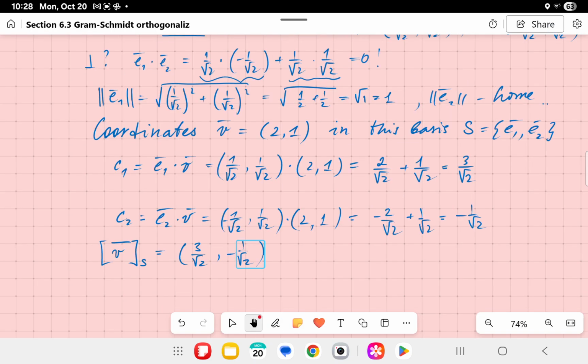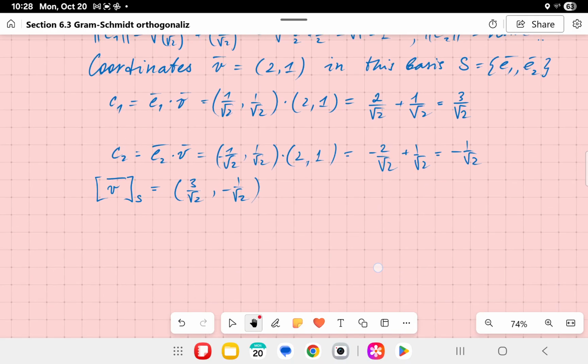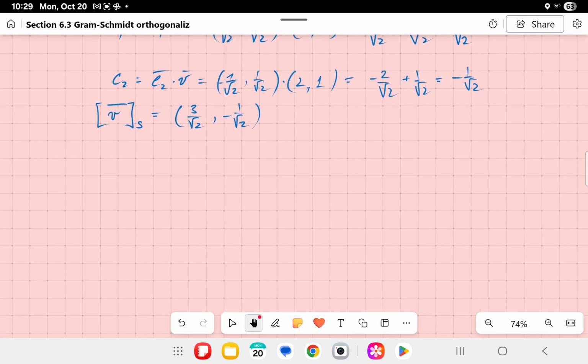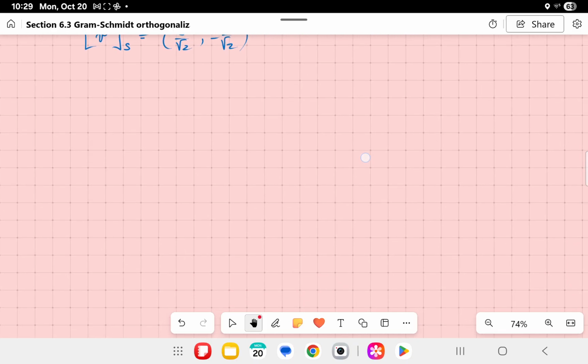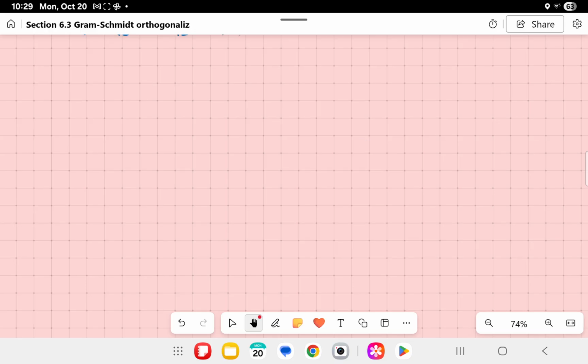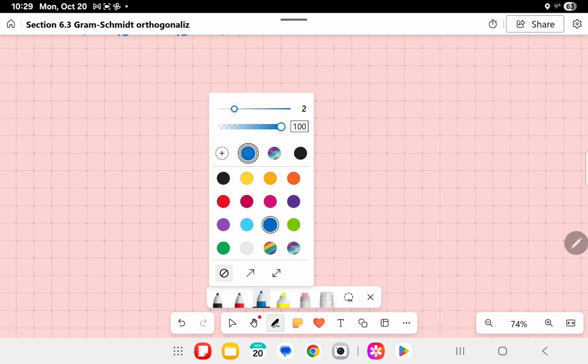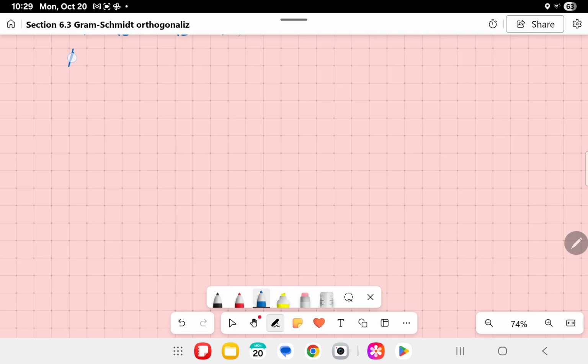Okay, guys, so right now we do know why orthonormal bases are good. Finding coordinates in them is a very easy process. Now, how to find orthonormal bases? How to build them?